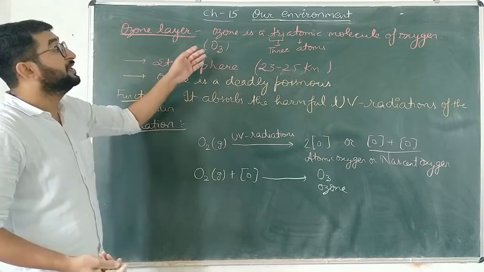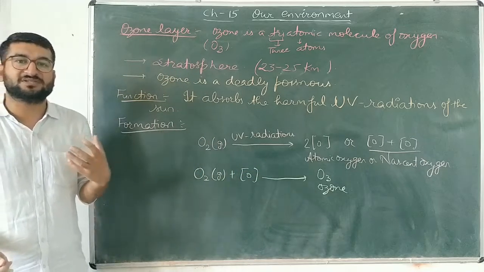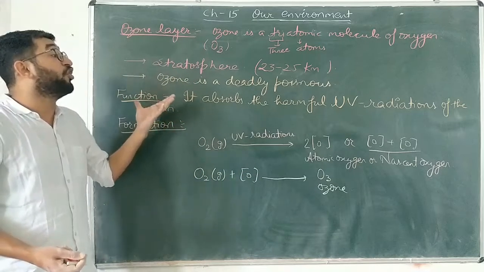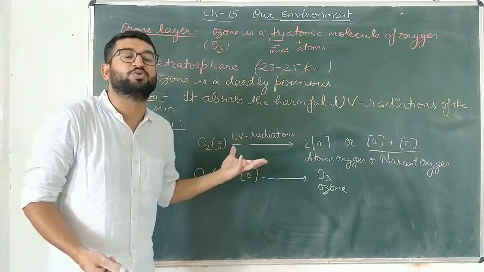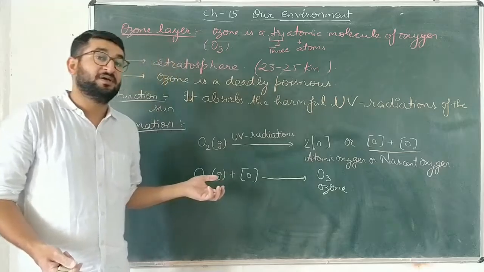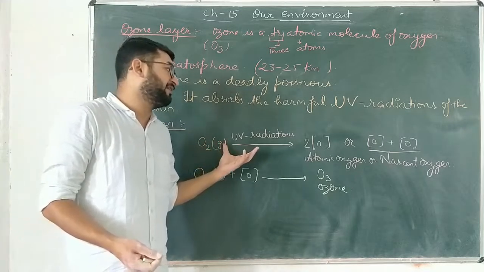So ozone is a triatomic molecule of oxygen. Ozone is deadly poisonous. It absorbs the harmful ultraviolet radiations coming from the sun into the Earth's atmosphere, and its formation also occurs due to the presence of ultraviolet radiations.